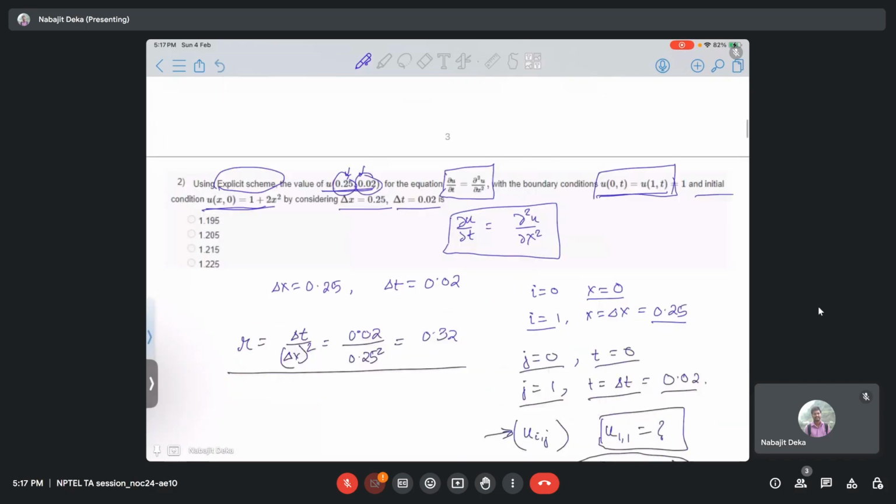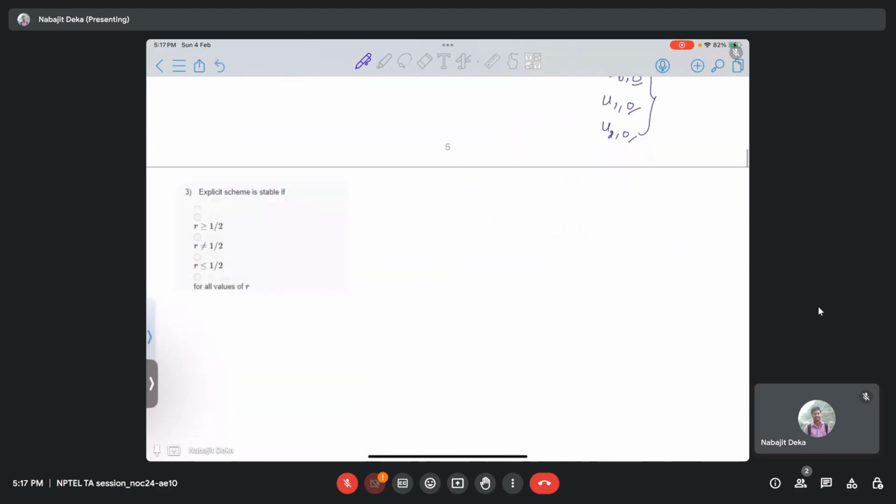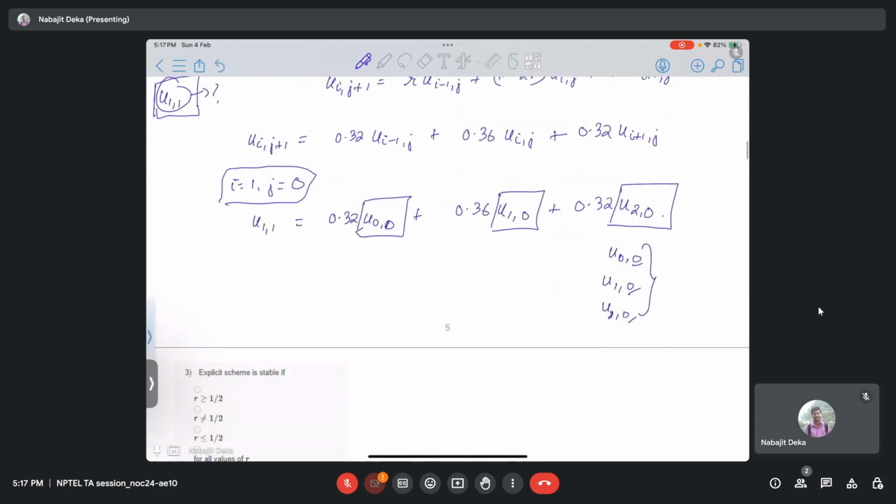Now the initial condition that is given is u x comma 0 is 1 plus 2 x square. So if we use that, u i comma 0 is 1 plus 2 x square.